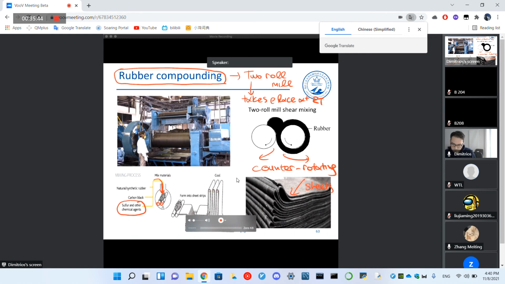Why do we use sulfur and other chemical agents when processing rubber? Does anyone remember? We discussed it quite a few times so far. Very briefly, we will be talking extensively about that either tomorrow or Thursday. What is the purpose of sulfur and other chemical agents when processing a rubber or an elastomer in general?